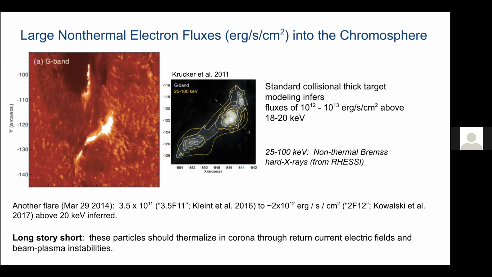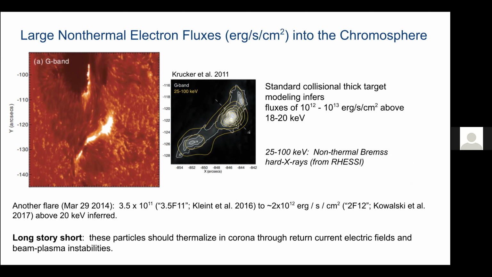And the values we've gotten recently, from this very famous paper, are 10^12 to 10^13 ergs per second per square centimeter, above some fiducial low value that we have to assume exists, about 20 keV, 10 keV.